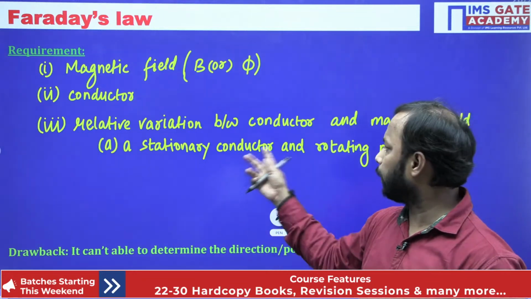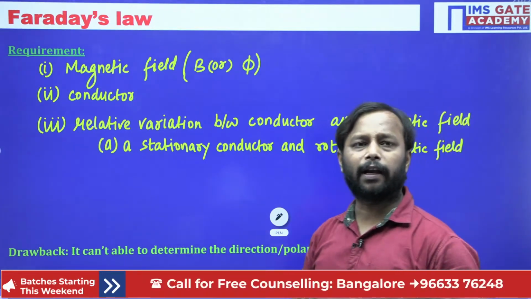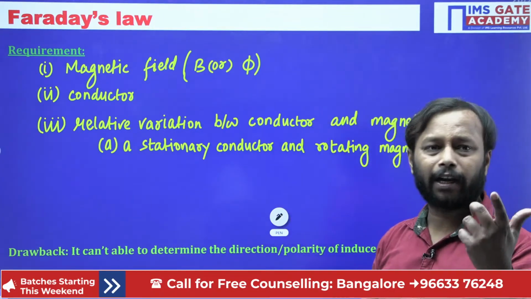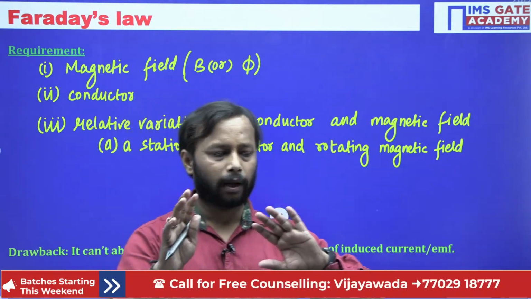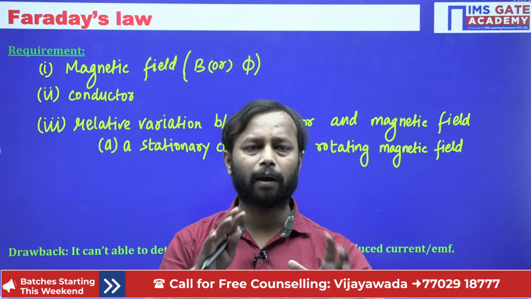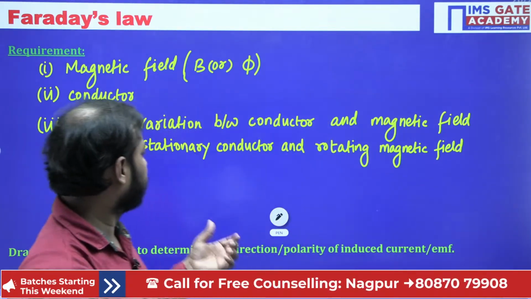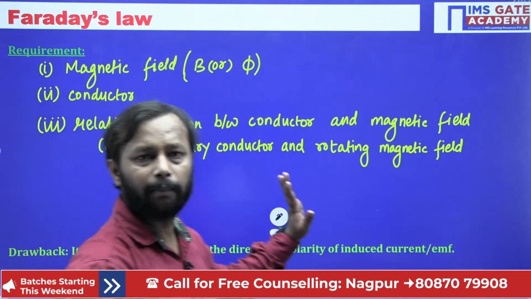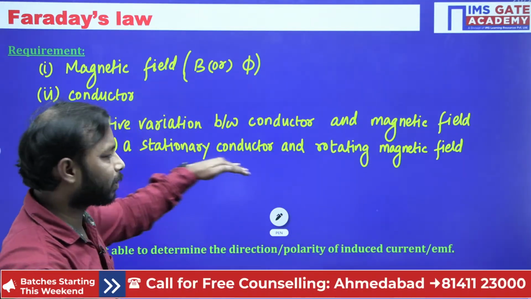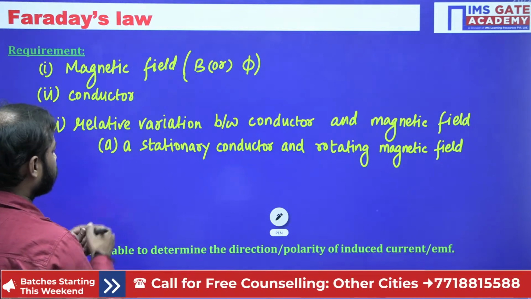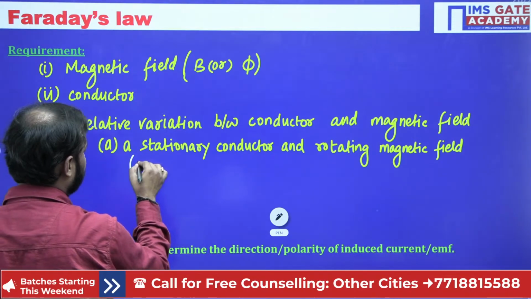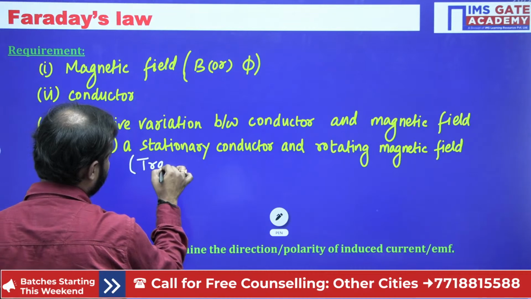So definitely between these two we have some relative variation. What do you mean by relative variation? It means a movement between the conductor and the magnetic field. This first way is used in a transformer.